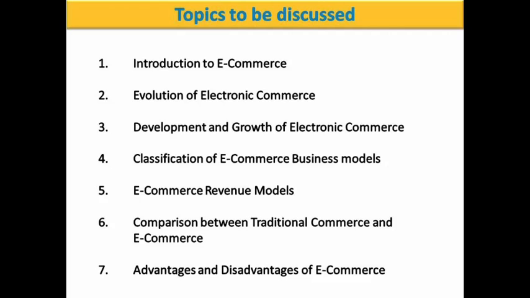Then we are going to see the growth of e-commerce, and the different business models and classifications of e-commerce, that is B2B, B2C, C2B, and so on. You are also very familiar with this concept.